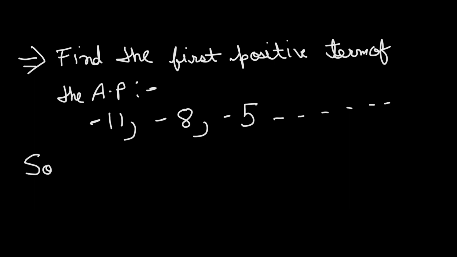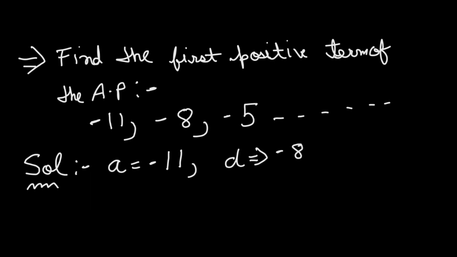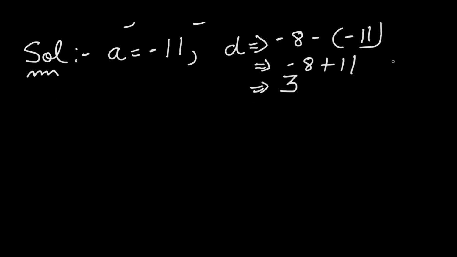So the solution is, here the first term is minus 11 and the common difference we will calculate, which is a2 minus a1. So minus 8 minus 11. So minus 8 plus 11 is 3. So our first term is equal to minus 11 and the common difference is calculated as 3.